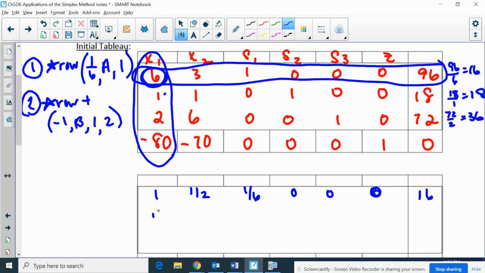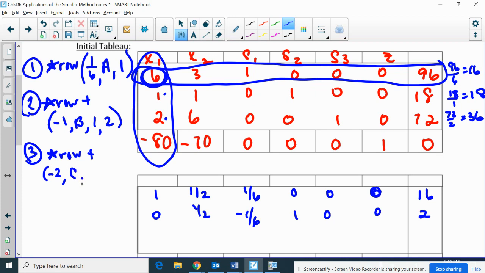So 0, 1/2, -1/6, 1, 0, 0, 2. And now I'm ready to make the 2 into a 0. So my third step would be another star row plus. I now want to do -2, matrix C, times row 1, add it to row 3.